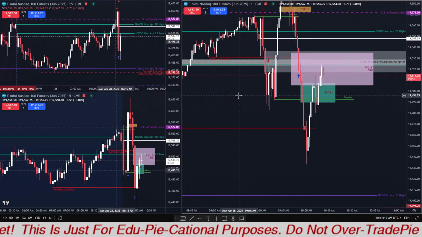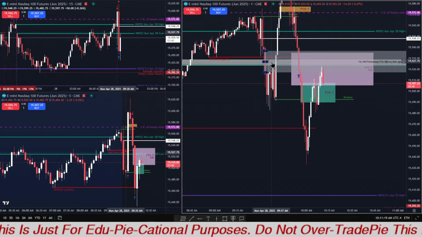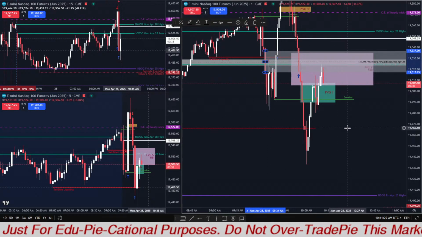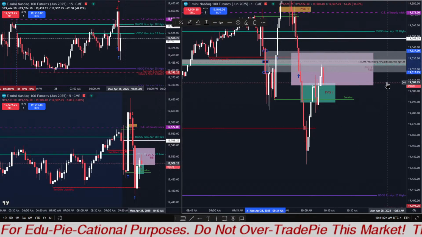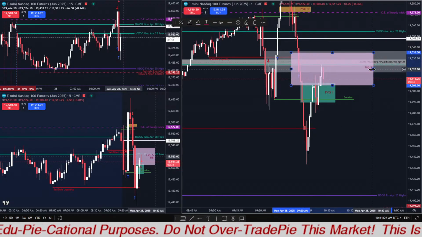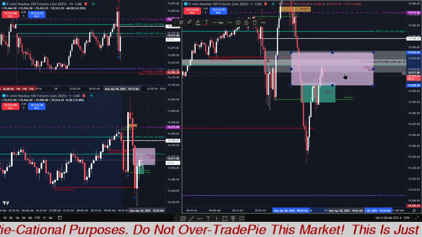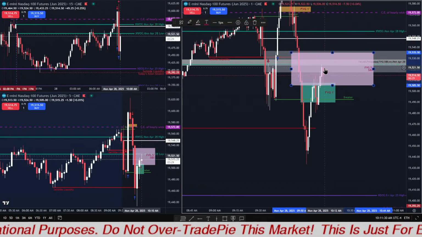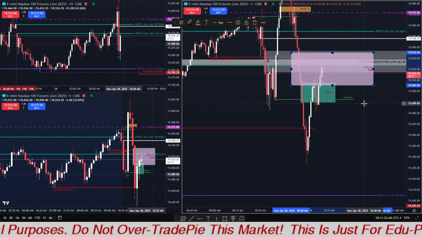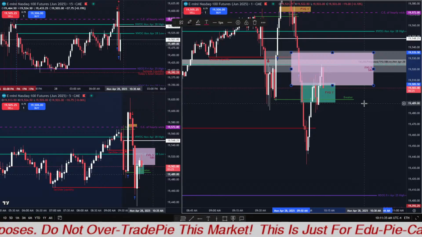Alright, we failed to touch the midpoint of the first presented fair value gap. As you can see, we traded in the consequent encroachment of 5 minutes CB, and we have a kind of reaction over here, trying to go lower.